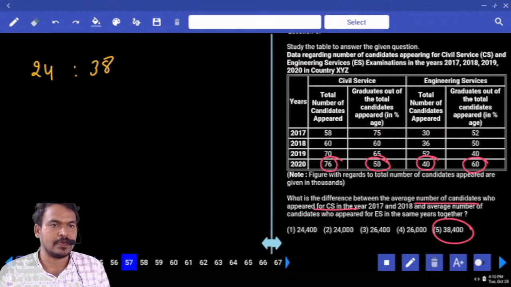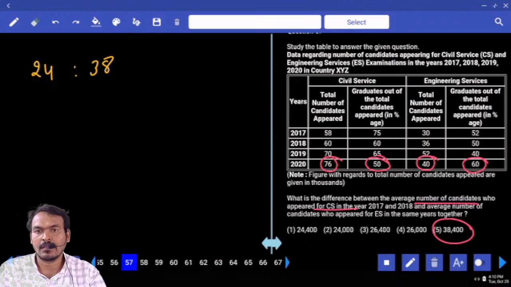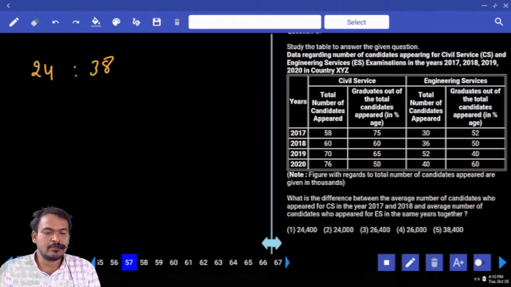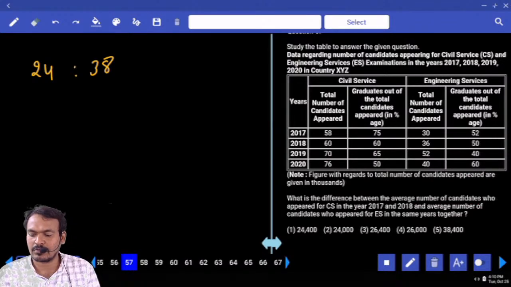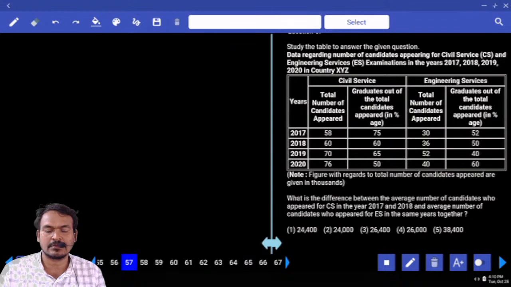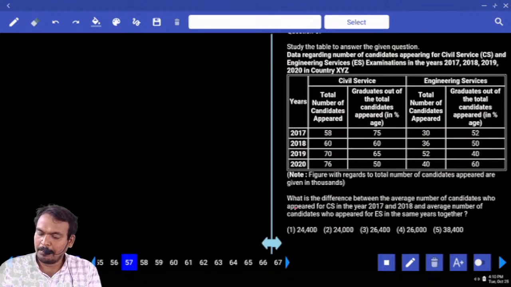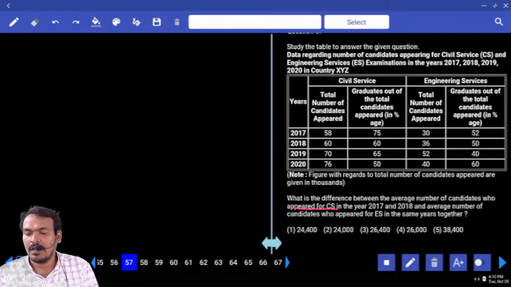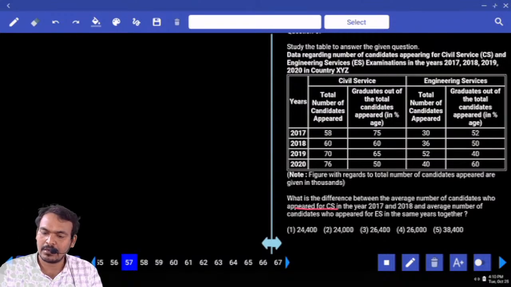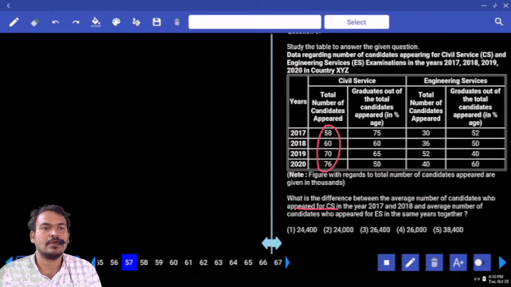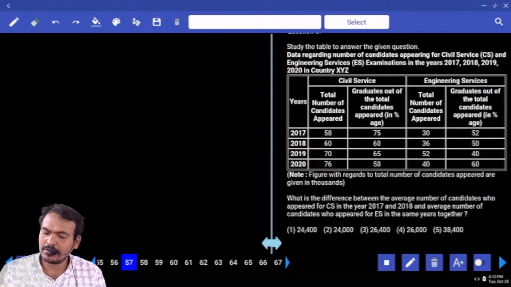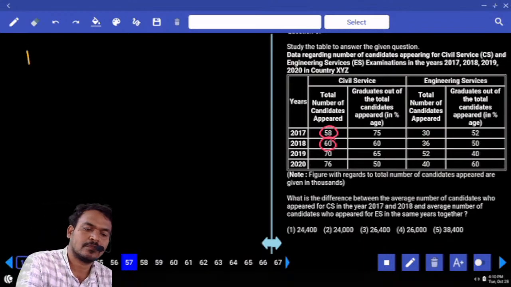Next question, number 57. What is the difference between the average number of candidates who appeared for CS in the years 2017 and 2018 and the average number of candidates who appeared for ES in the same years? Same years. Appeared candidates are the total candidates, so we require only the first data. CS in 2017, 58; 2018, 60; total 118.